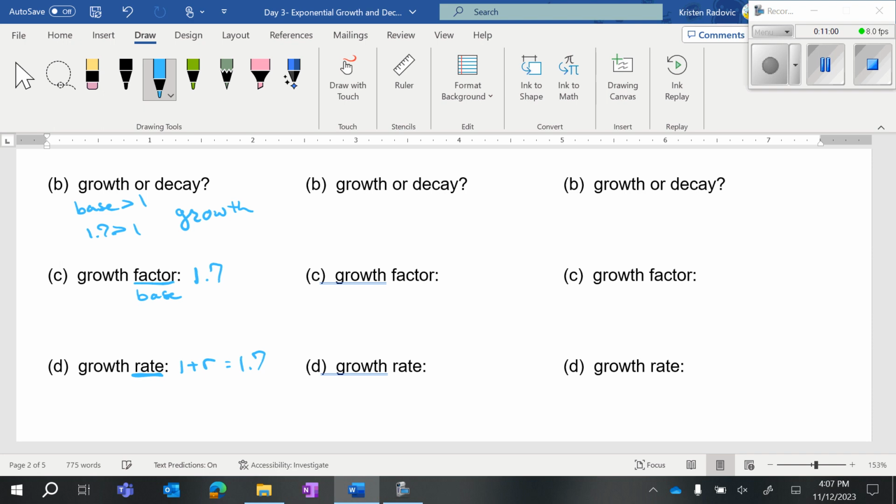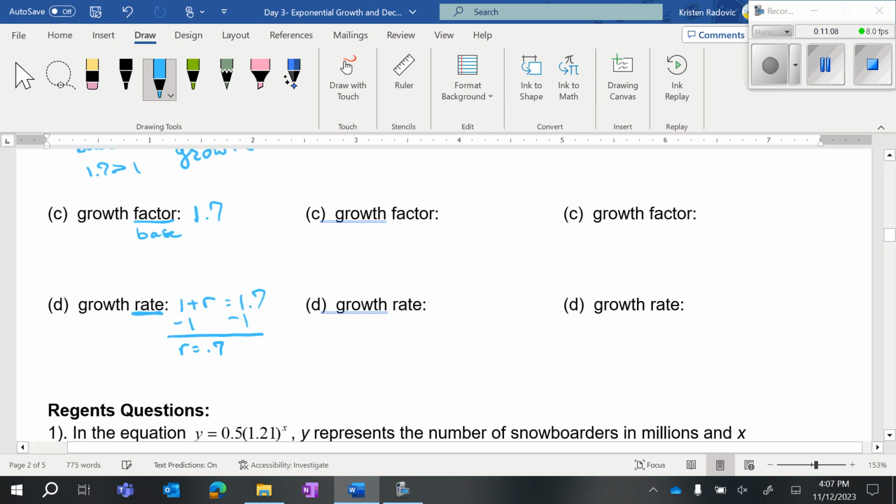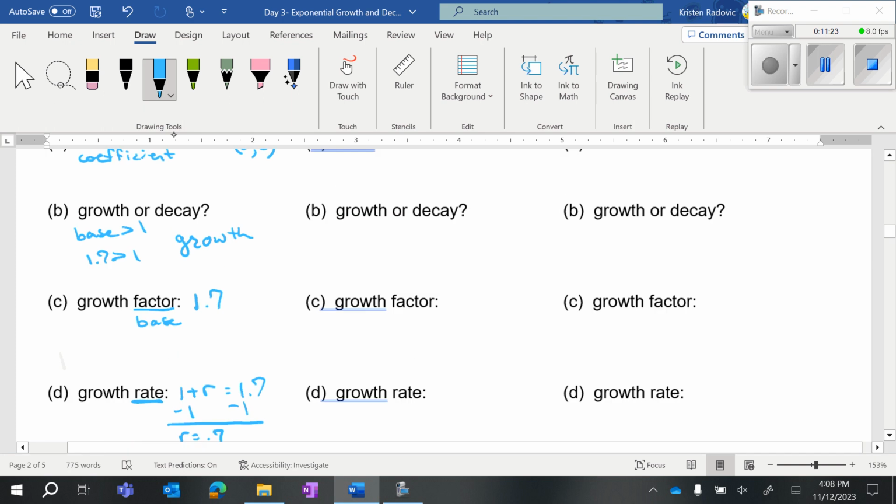Your goal is to solve for what r is. So you end up with r equals 0.7. That means in a word problem, you'll see this as increasing by 70%. So it's important to know that the factor is 1.7, but the rate is 0.7 that represents 70%.